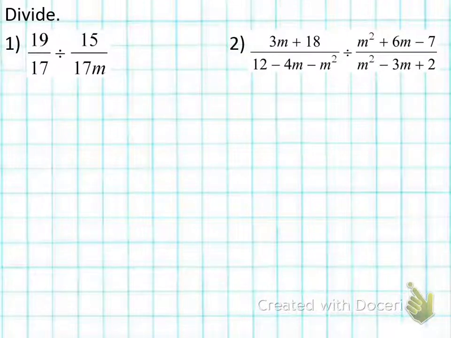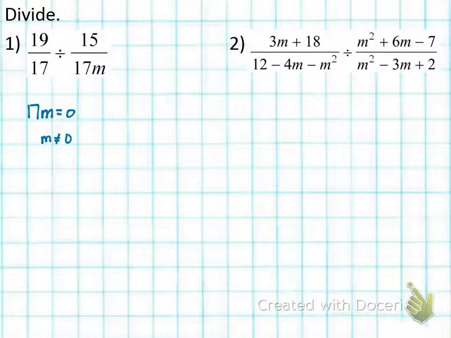Just watch right now. The first thing you need to do anytime you have a division problem is look at your denominators and see if there are any variables, because we don't want those variables ever to equal 0. There's a 17m here, so we set that equal to 0 first. 17m is equal to 0, therefore m cannot equal 0, right?